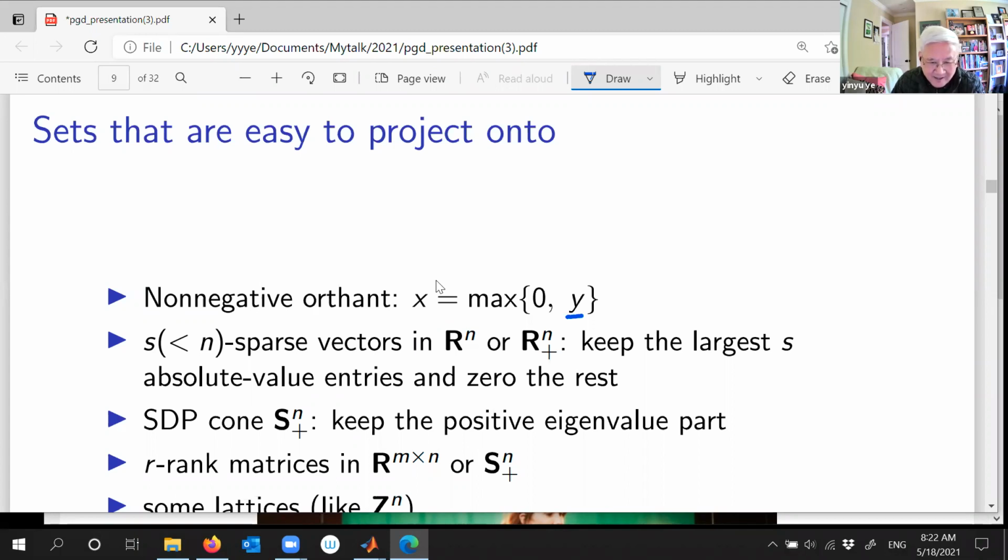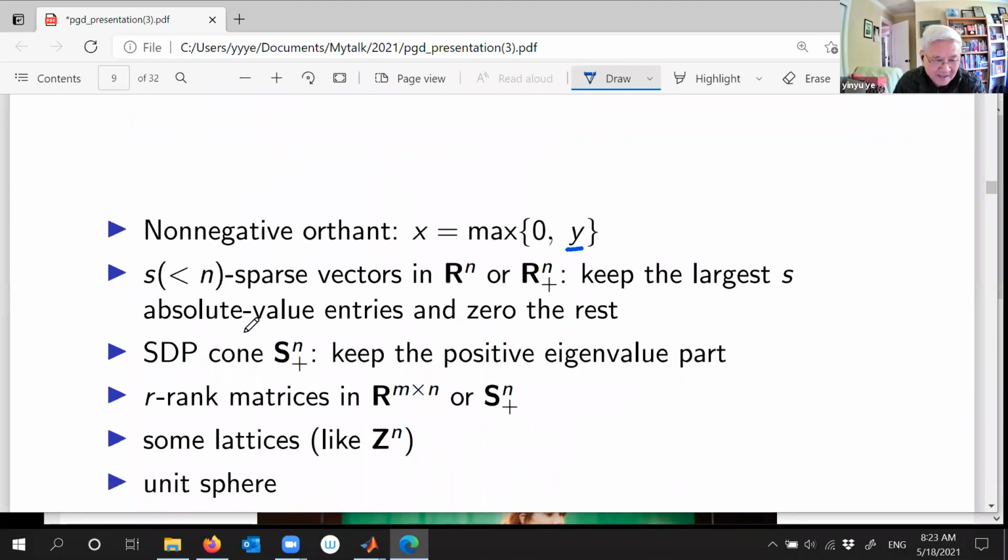However, all you need to do is keep the s largest entries of y in absolute value and zero out the rest. That's going to be the optimal projection. People actually apply this in compressed sensing, which was very popular a few years ago, especially in sparse optimization.